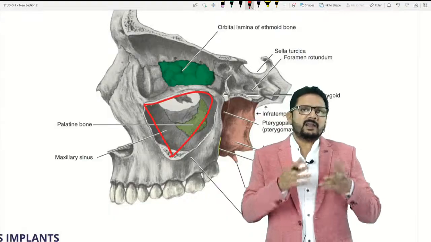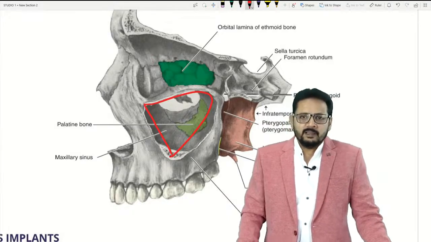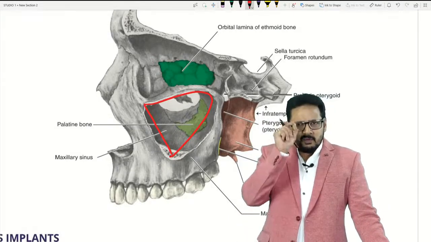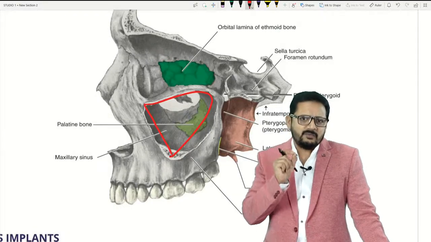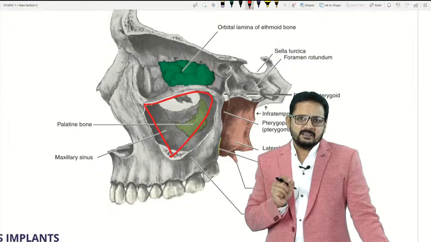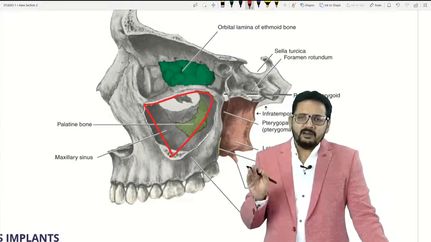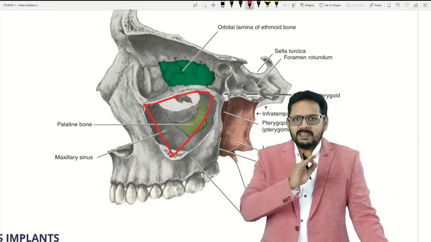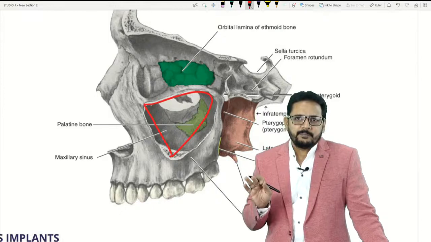Immediately you think that this case is not for me. So don't worry. If you actually know the structure of the maxillary sinus, which I'm going to explain in a few seconds, you will definitely not feel scared of placing any kind of implant in that region whatsoever.